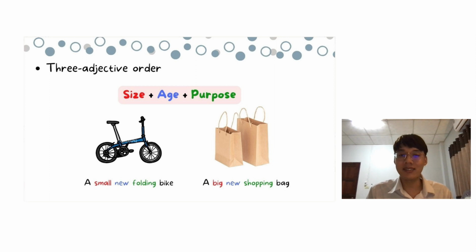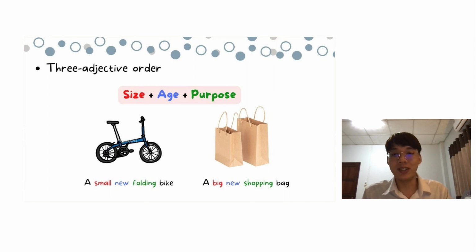Hang on, guys. The last group is size plus age plus purpose. As you can see from the pictures, there is a small new folding bike and a big new shopping bag. As we study, the size comes before age, and age comes before purpose, right?